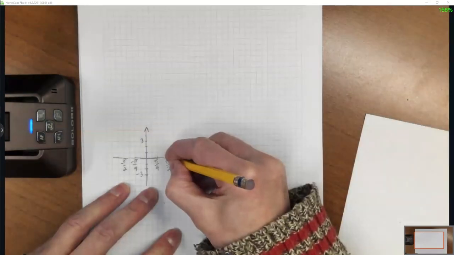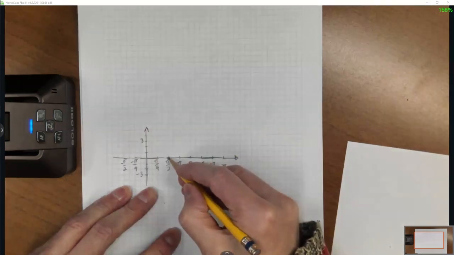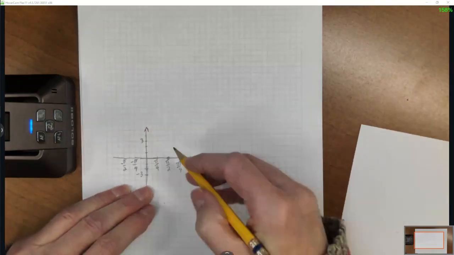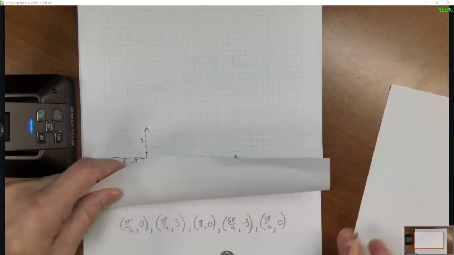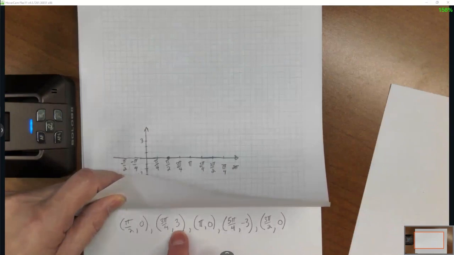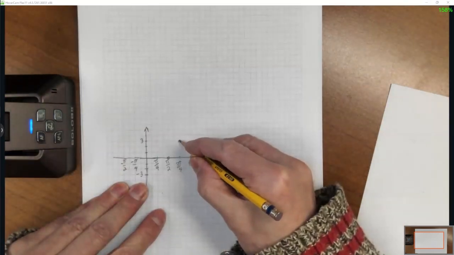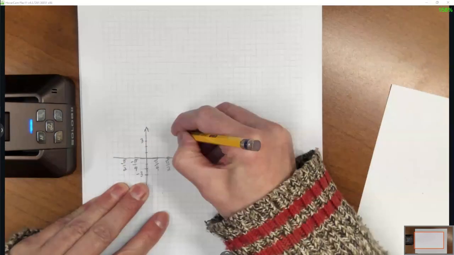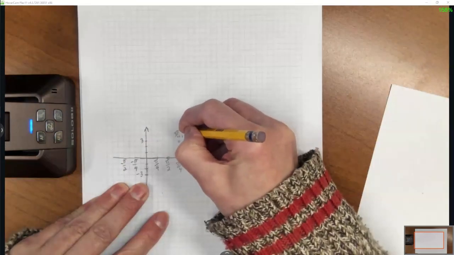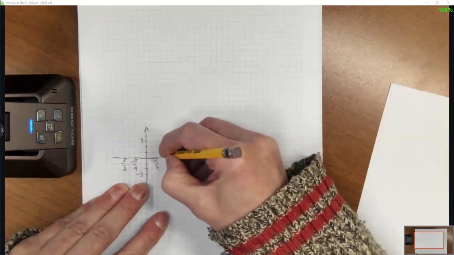So the modified graph is going to shift over. Instead of starting in the origin, we shift over here and start at pi over 2. Each new key point happens at an interval of pi over 4. So the next one happens at 3 pi over 4, and it tops out at 3. So we have 3 pi over 4, 3. And this was pi over 2, 0.